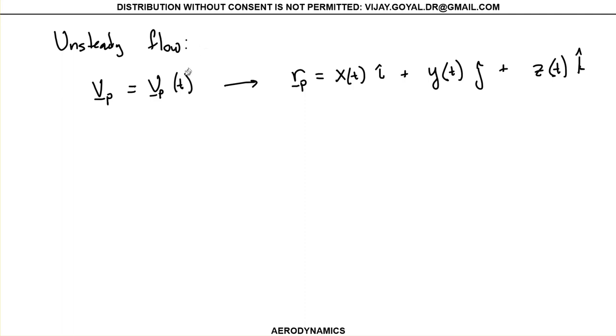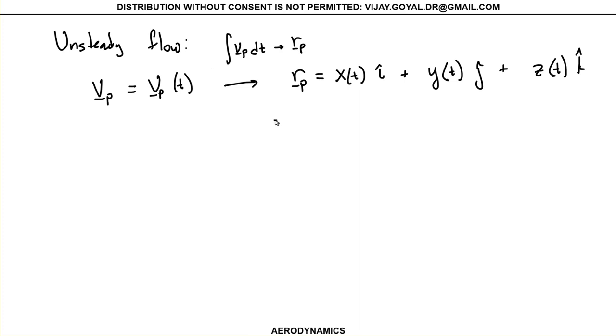So if I wanted to go from my velocity to my position vector, I can simply integrate with respect to time, and that would produce the position vector.